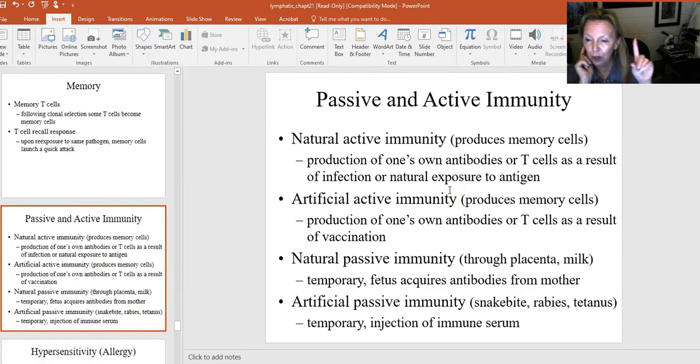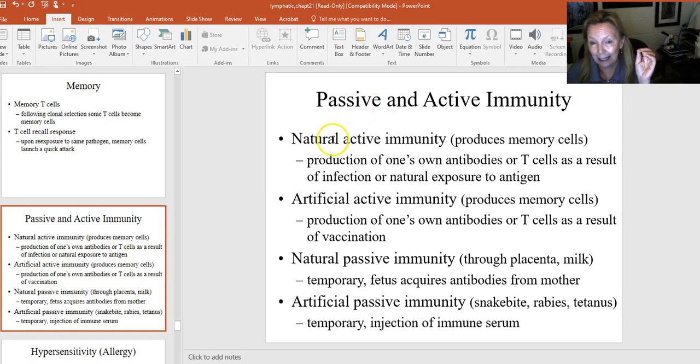I'm going to want you to also know about passive versus active immunity. And the best way to describe this is, in active immunity, you're making your own antibodies. In active immunity, your immune system is responding itself. In passive immunity, you're getting protection from somewhere else, from outside.